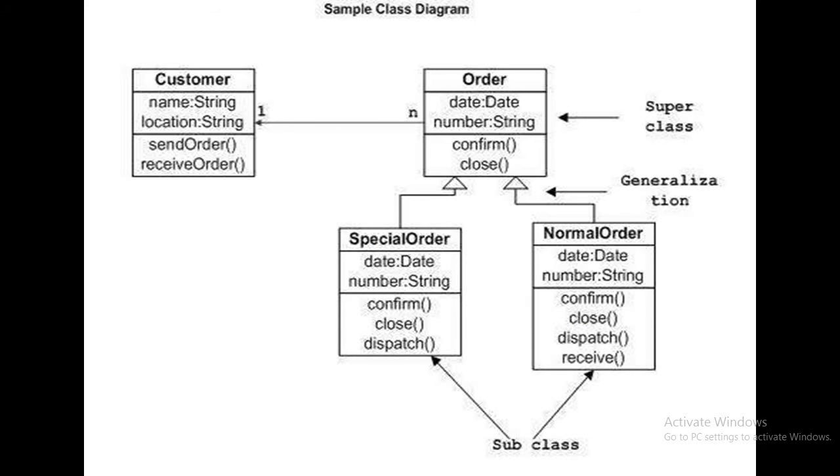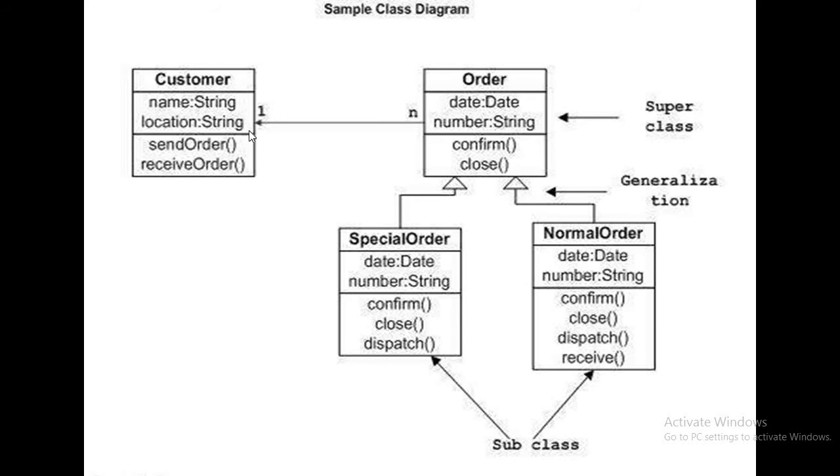See, these are examples of your class. This is a customer class represented by a rectangle. This is an order class represented by another rectangle. This is another class, special order, also represented by a rectangle. Normal order is another class, represented by a rectangle.